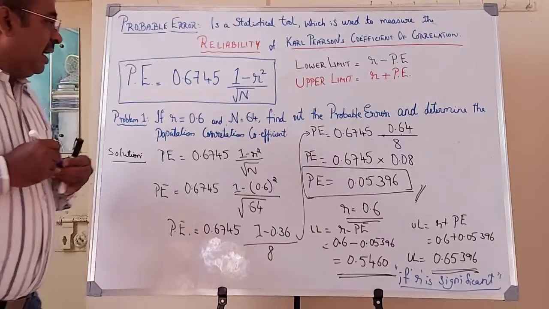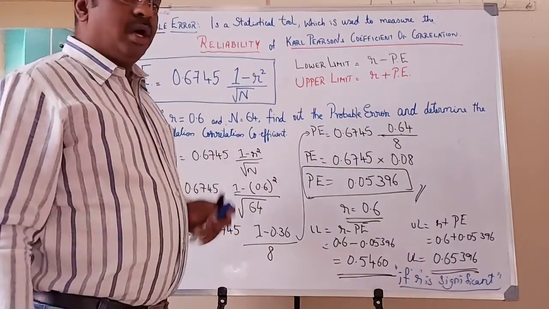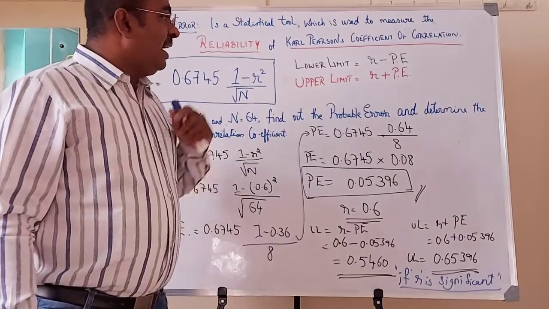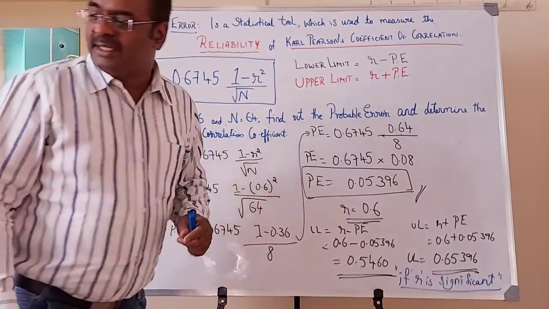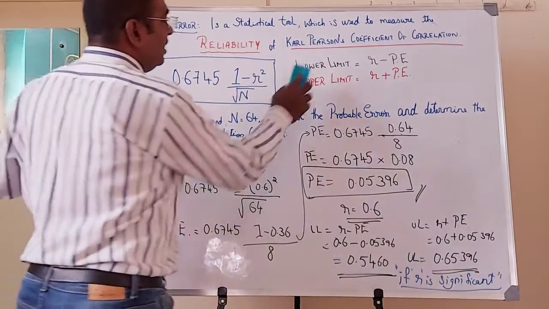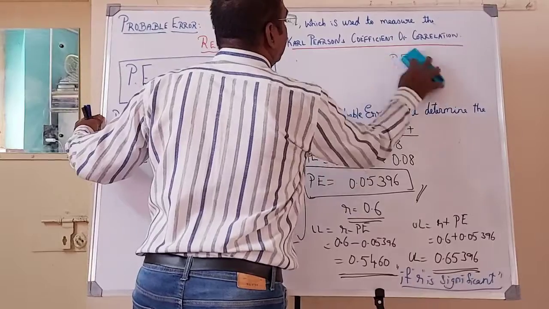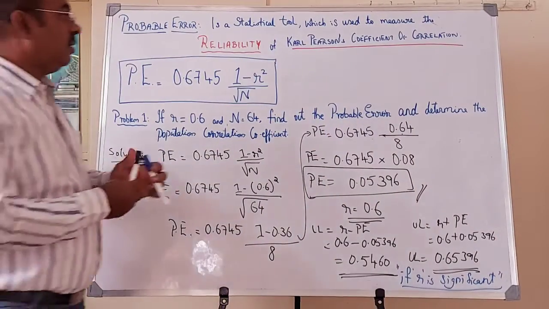Now how do we identify whether r is significant or not? To identify this, there is a certain condition. I erase this for reference, and the condition says, when is r significant?